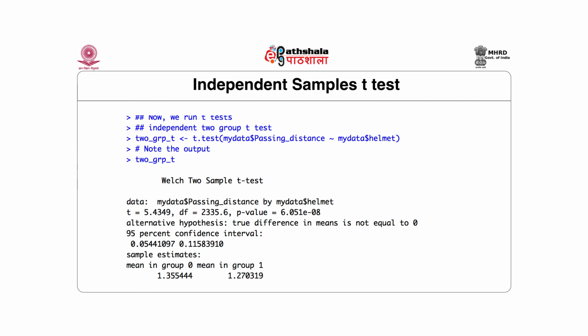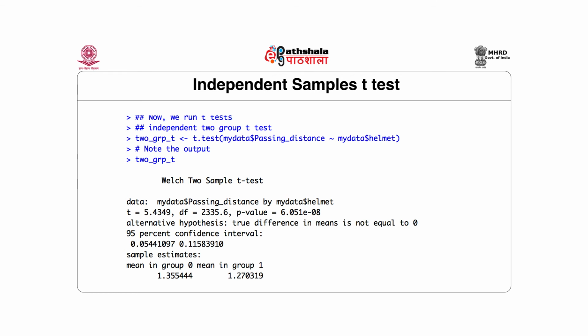A very important thing to note here is that there are different groups of bikers. People who are wearing helmets are different from people who are not wearing helmets. They are not the same people. It is not like an experiment where we get data from bikers wearing helmets, then give helmets to those not wearing them and take the same data again.